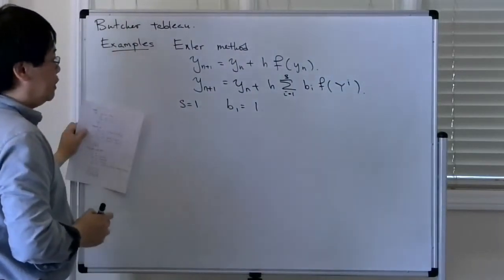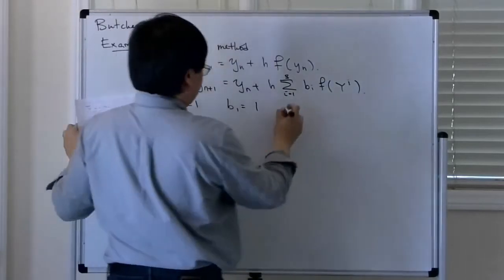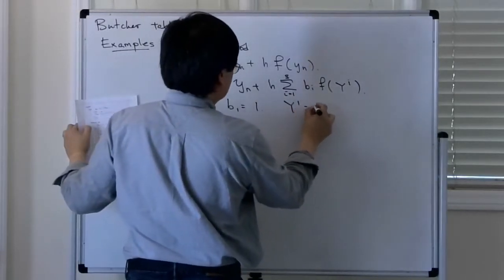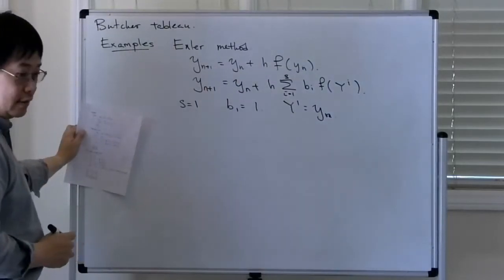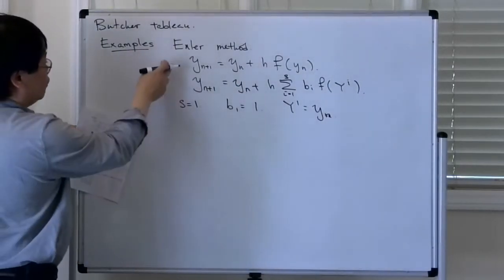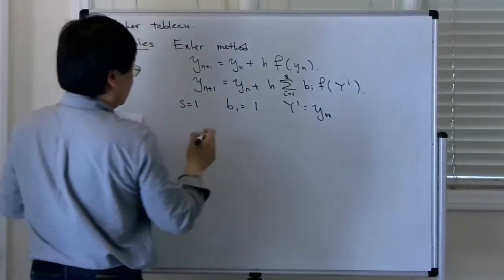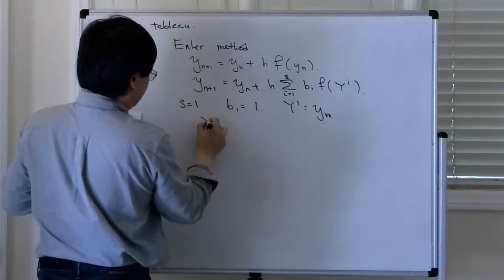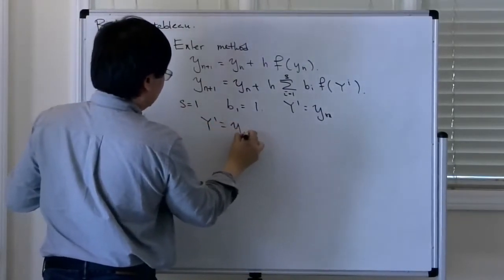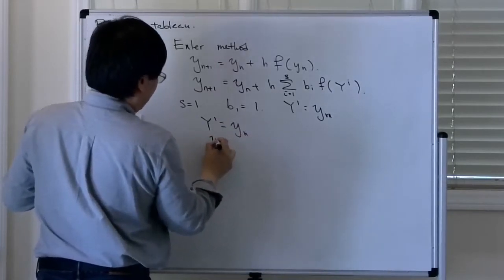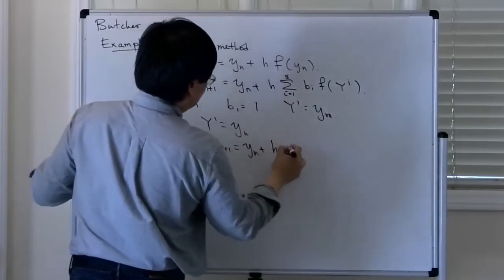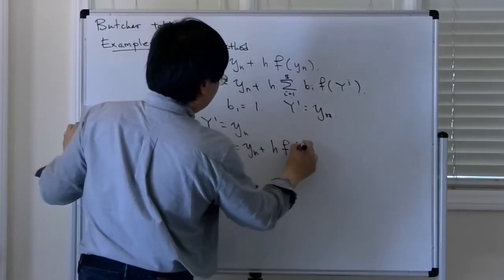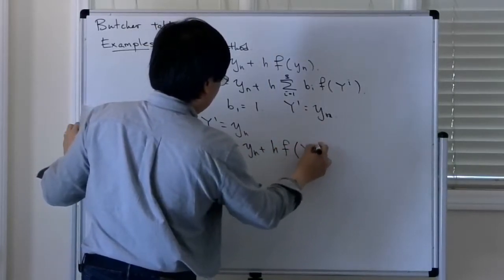And the third is that Y1 is just yn. So with these identifications in mind, you can rewrite the Euler method as: Y1 is equal to yn, and yn plus 1 is equal to yn plus h f evaluated at Y1.